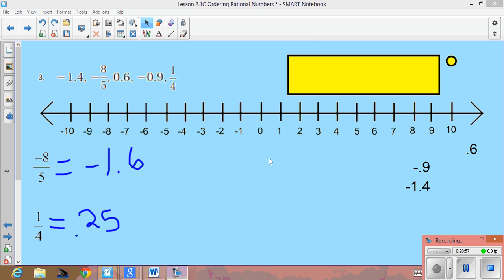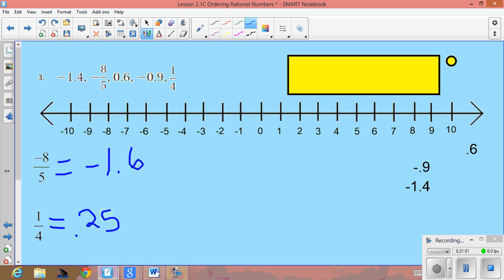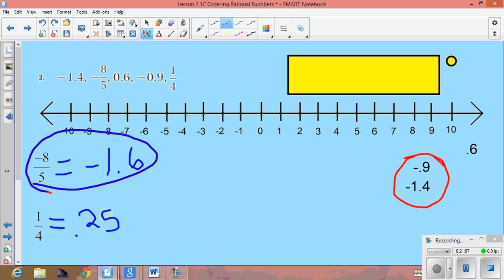So what I'm going to do now is take a look at all of my negatives first and order them from least to greatest. So I have 2 negatives here and a negative here. And I'm going to order those from smallest to largest. So when I take a look at this, it's like $1.60 negative, $1.40 negative, and 90 cents negative.